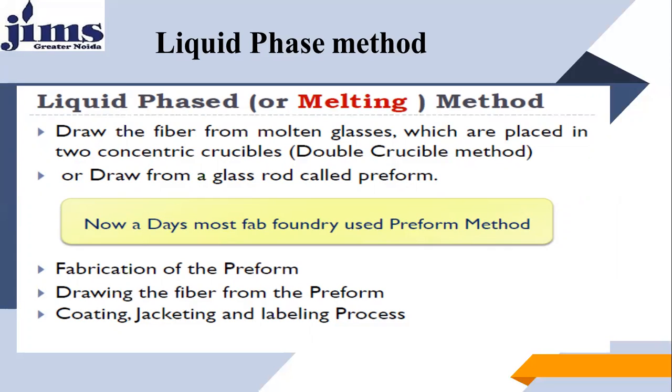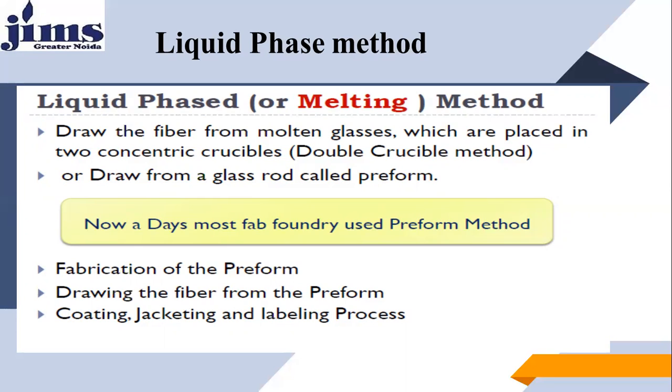So we draw the fiber from the molten glass, which is placed in two concentric crucibles. That's why we call it the double crucible technique. And we draw the glass from a glass rod called a preform.